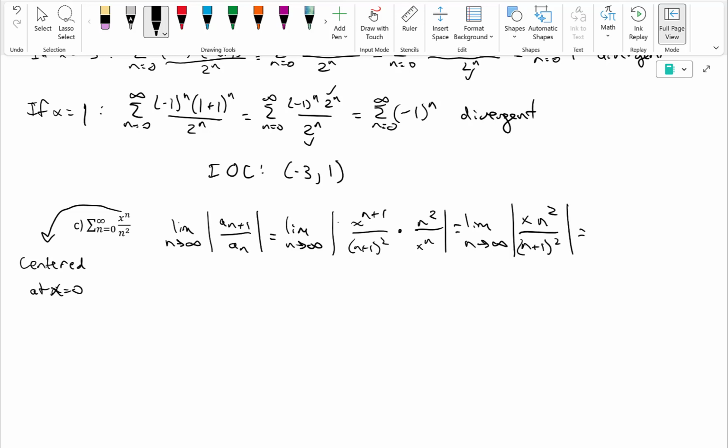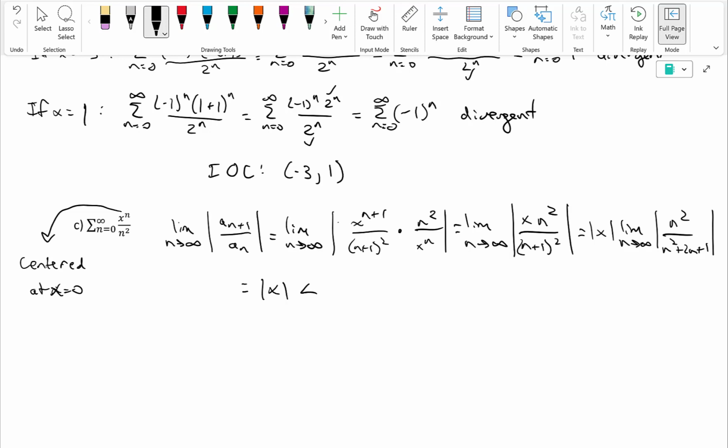And then we can take our absolute x out. It's not affected by the limit. We'd still have our limit as n approaches infinity of n squared over n squared plus 2n plus 1. Dividing everything by n squared, using L'Hopital's twice, or recognizing that we've got the same power, would give us a limit of 1 there again. So we end up with just absolute x.